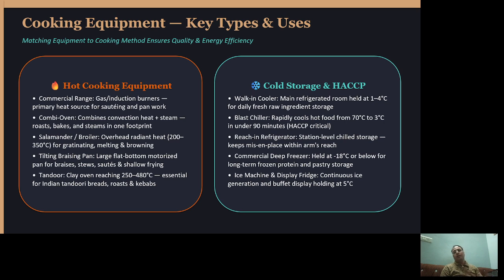So in hot equipments we have commercial range, some gas and induction burners, then combination ovens, salamander, tilting braising pans, and tandoor. These all are heat generated equipments, and the nature of these equipments is hot.